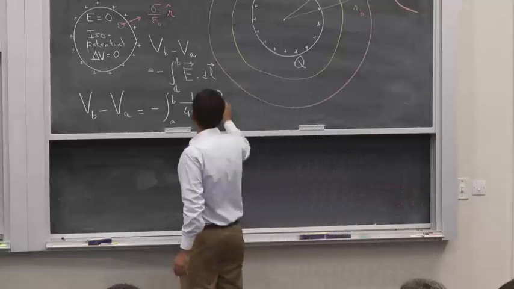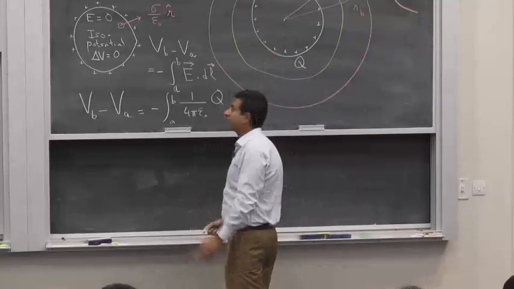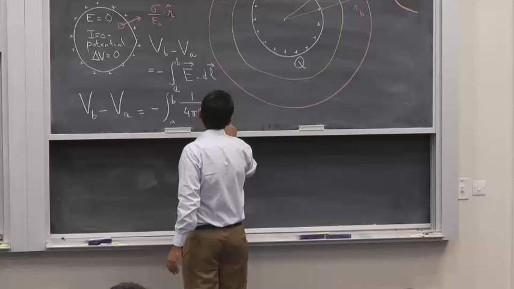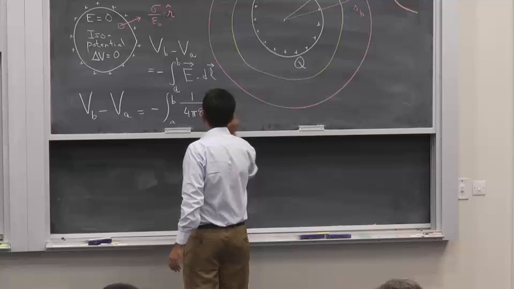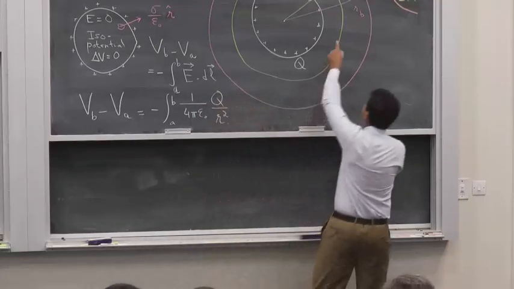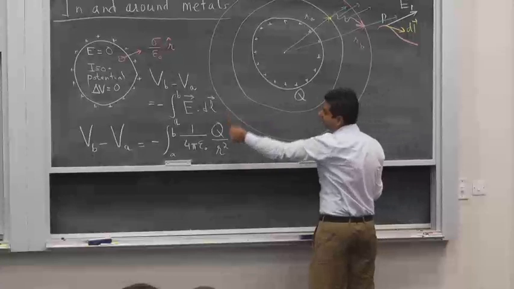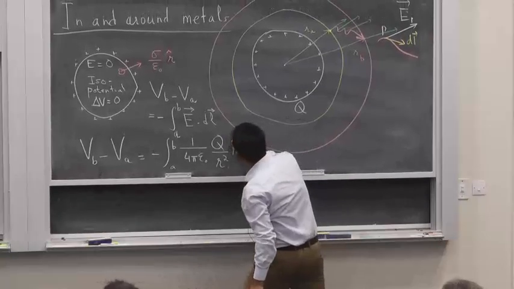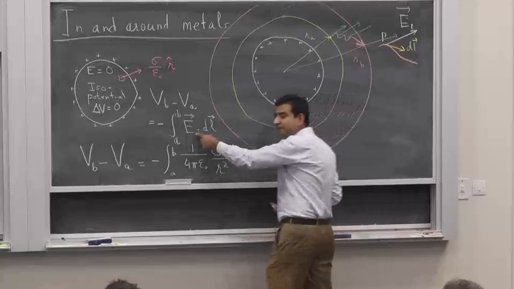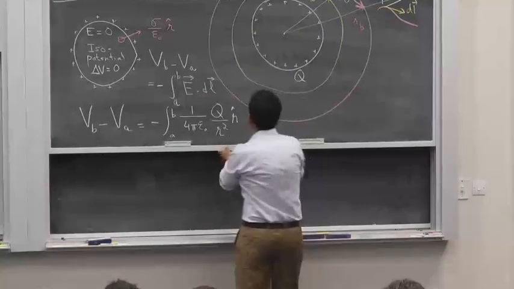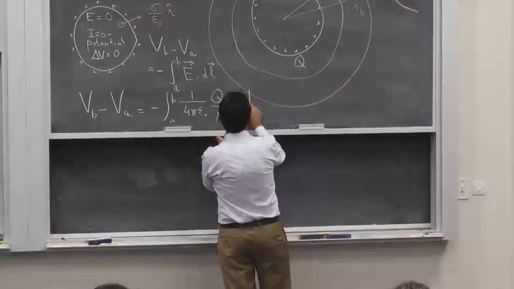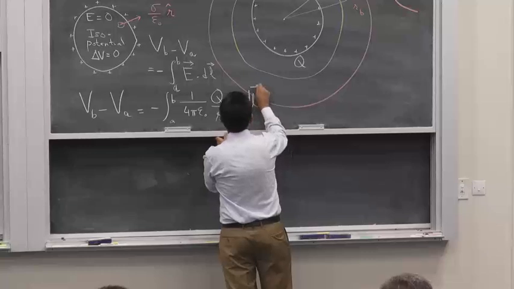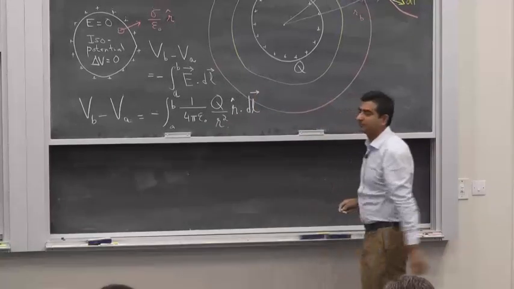Capital Q is the total charge on the sphere, over R squared, because if I'm at different R's, my electric field is 1 over R squared, times the unit vector R, which specifies the direction of the electric field, dotted with dl, the tiny dl's that make up the path.